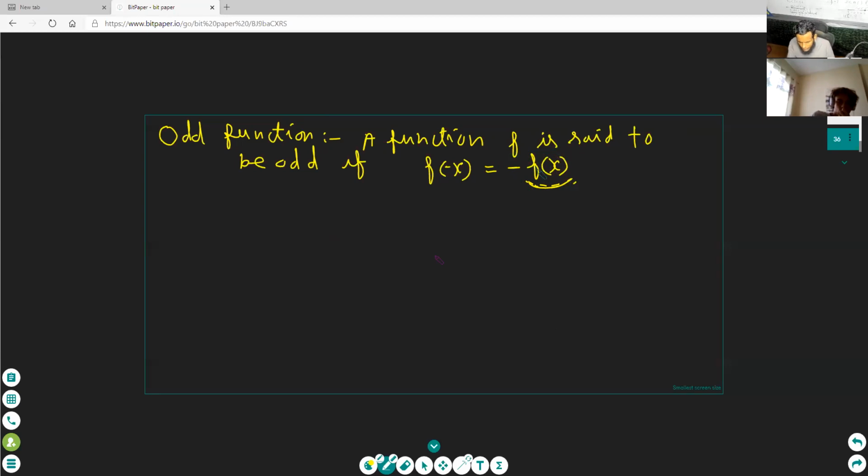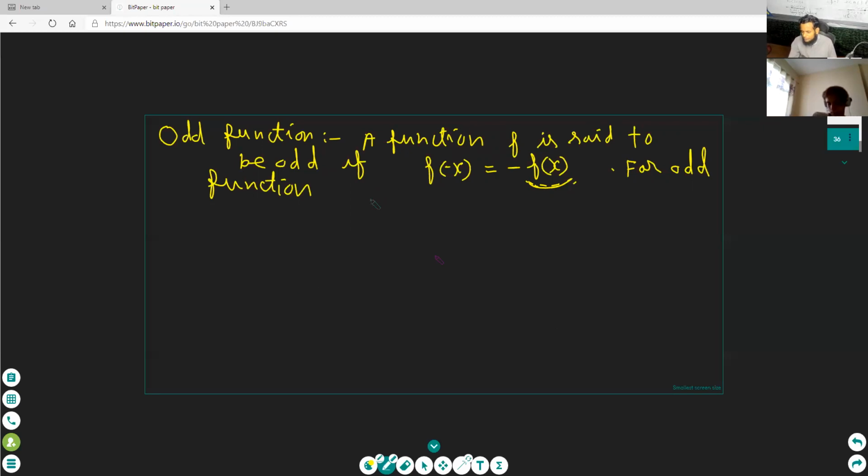For an odd function, you can see the graph and tell whether it is even or odd. If the graph is symmetric about the y-axis, then it is an even function. If the graph is symmetric about the origin, then it is an odd function.